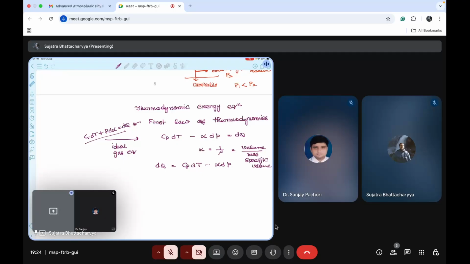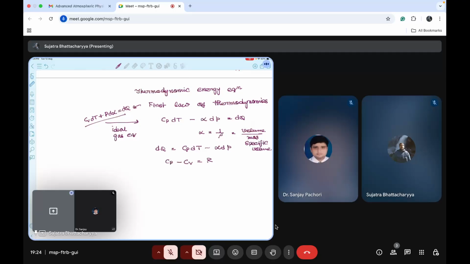Cp minus Cv is equal to R, or you don't need this. What we will do is differentiate with respect to time. So dq/dt is equal to Cp dT/dt minus alpha dp/dt.